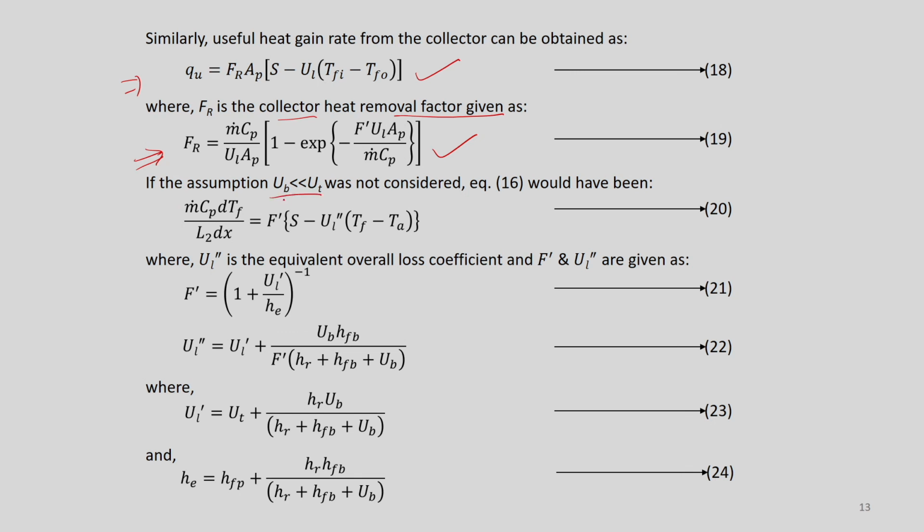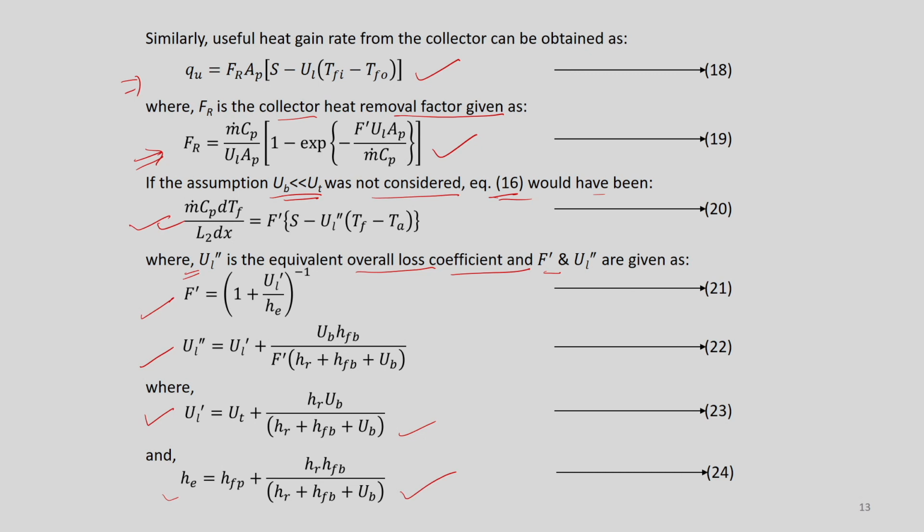If the assumption that U_B is very small compared to U_T was not considered, then equation 16 would have been something like this, where U_L double dash is the equivalent overall loss coefficient, and F dash and U_L are given by these two equations. And U_L dash will be something like this, and h_c will be something like this.